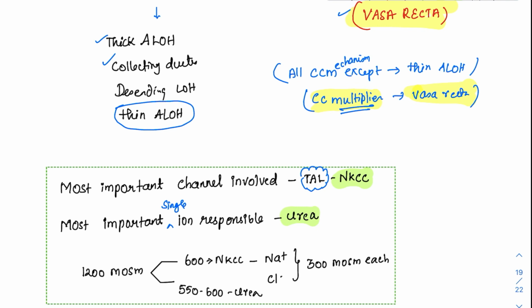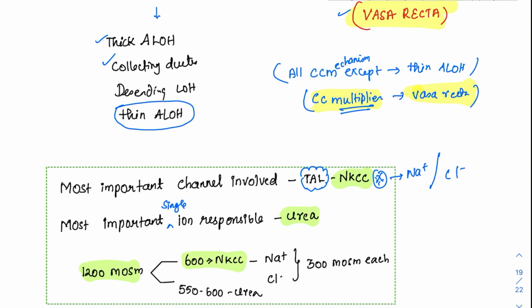Where does urea come from? How does urea become the answer here? All of us think that since this is the NKCC channel, it should be contributed by sodium or chloride. But the funny thing is the normal maximum hyperosmolarity created in humans is 1200 milliosmoles. Out of that, more than 50% is also created by NKCC.